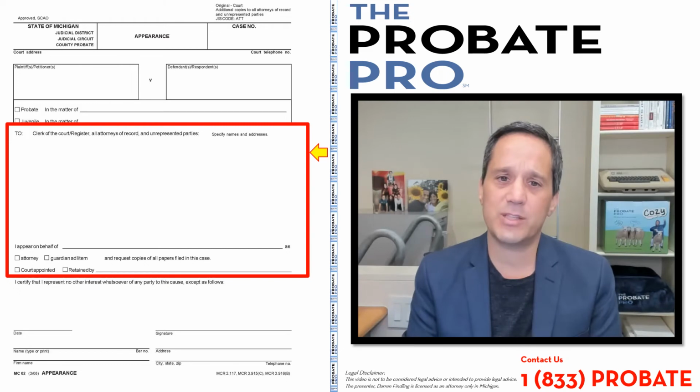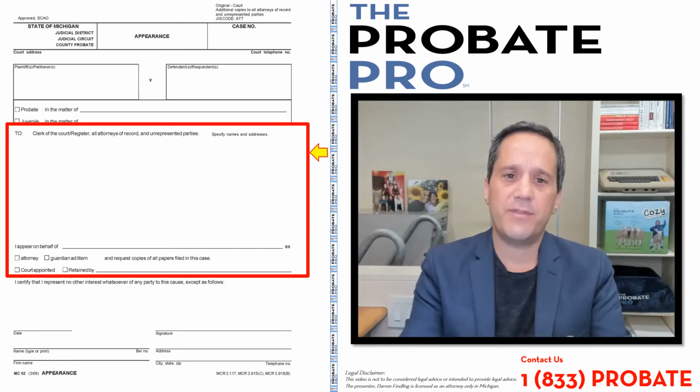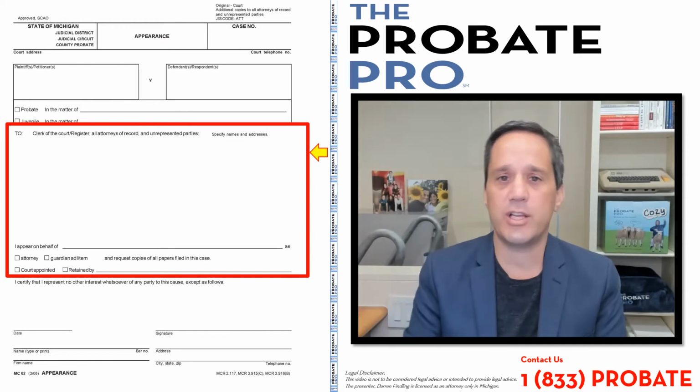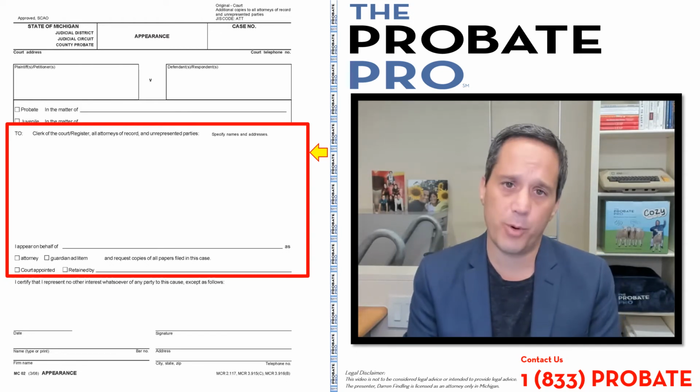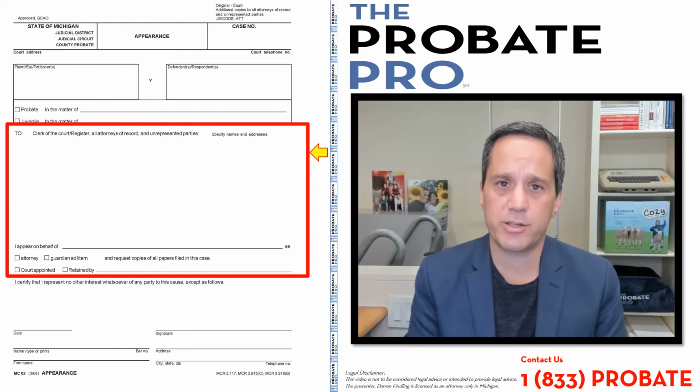An example of this would be in a guardianship proceeding. So for example, in a guardianship proceeding, if the individual that is being sought guardianship over objects to the appointment of a guardian, there's an automatic right to a court-appointed attorney, and that attorney would appear through this particular appearance process.